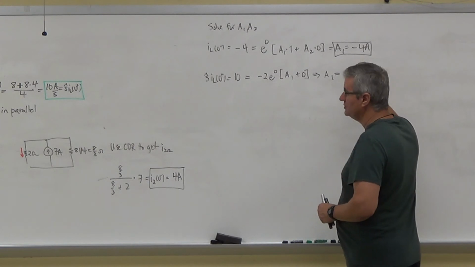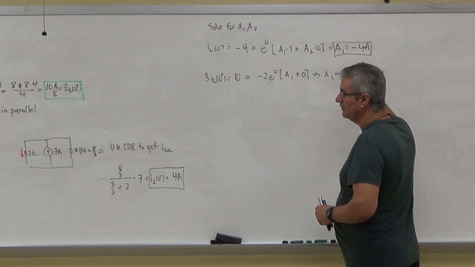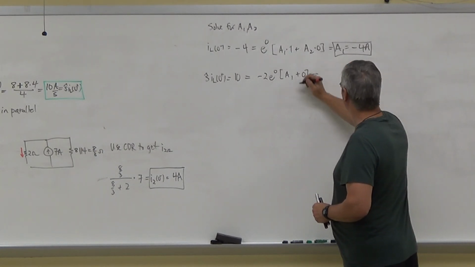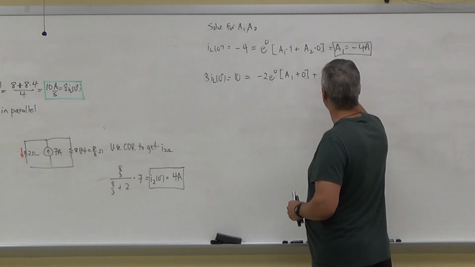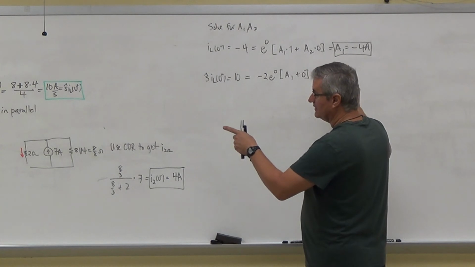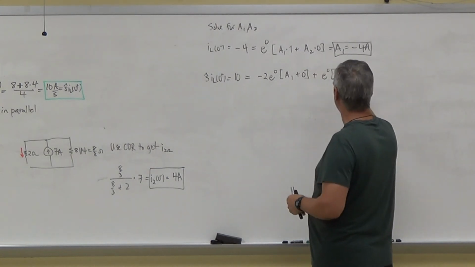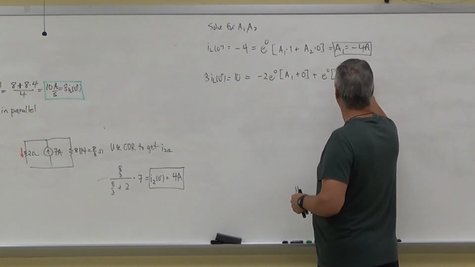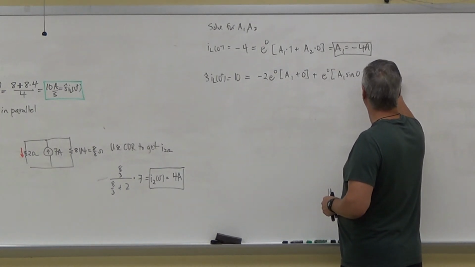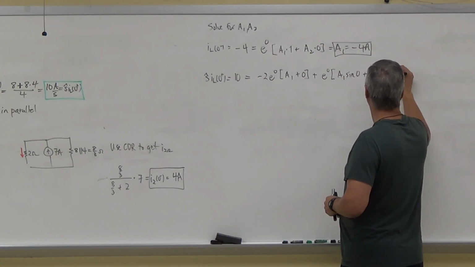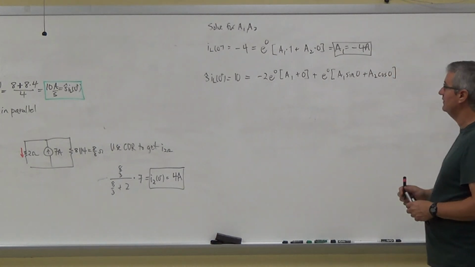Oh, did I? Then the chain rule should give me. Oh, okay. Okay, I'm going too fast. So then I get e to the 0, and then I take the derivative of that guy, which will give me a1 sine of 0 plus a2 cosine of 0. So I do get that a2. Thank you for help.